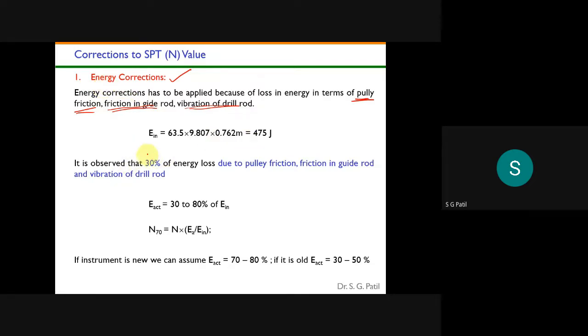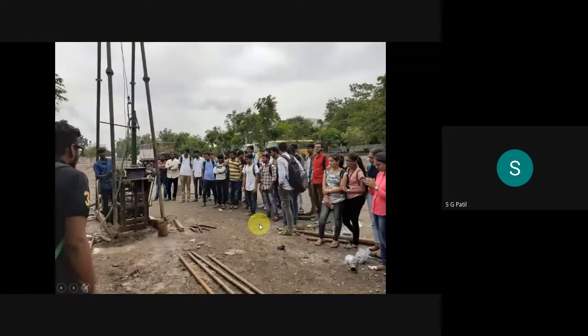So what is the total energy applied on the sampler if you don't have all these losses? For example, I will show the picture here. See, these drill rods will be there. If this drill rod is a little bit bent, over the years, what will happen? Because of wear and tear, these drill rods will be a little bit bent.